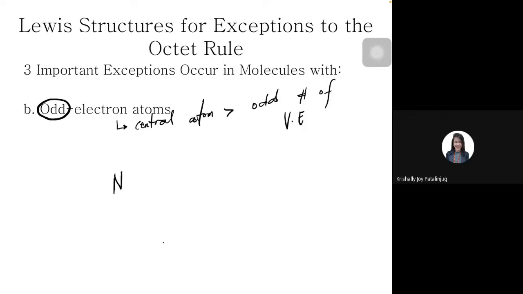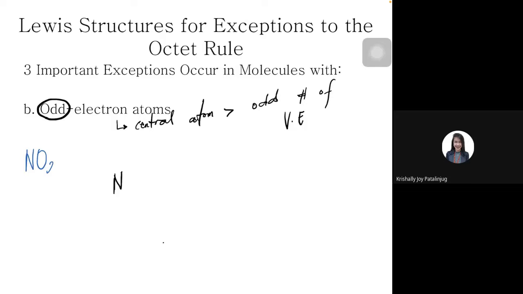Alright? So again, the most commonly encountered stable species with an odd number of electrons are the nitrogen oxides, particularly nitrogen dioxide, which is an example of a nitrogen oxide.